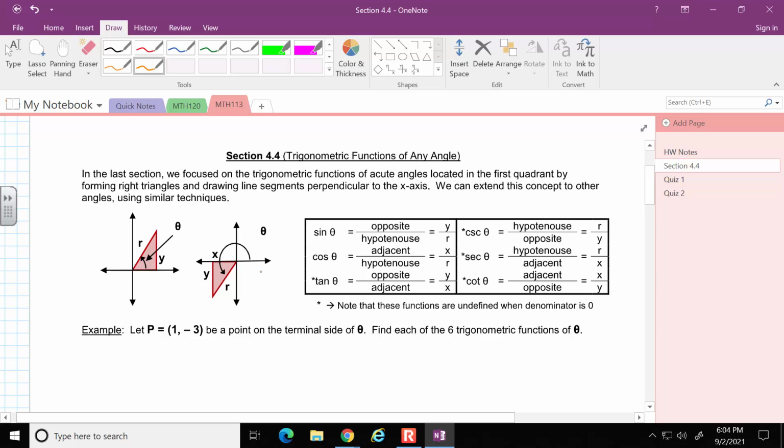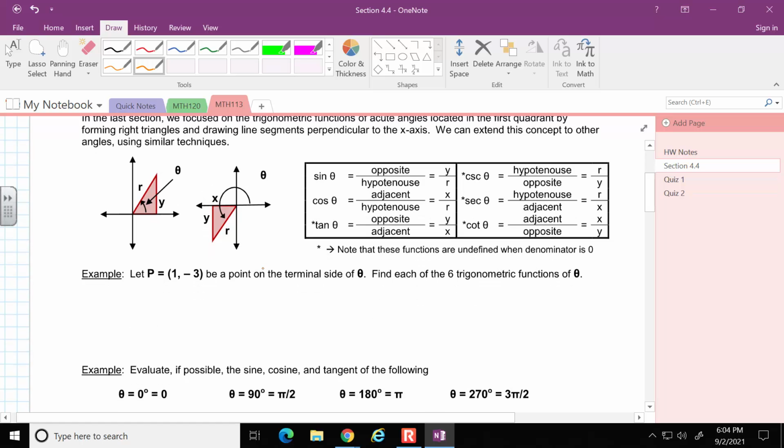You can also use the unit circle definitions that we've done as well, right? But for example, let P being (1, -3) be a point on the terminal side of your angle. Now, that's not on the unit circle, so I can't just use those point coordinates as is. It says find each of the 6 trig functions of theta.